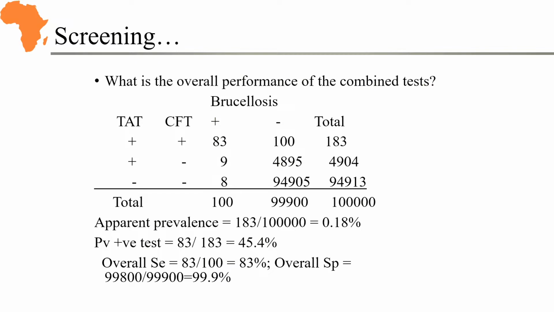So the apparent prevalence here is the total number who are positive, which is? So just the positive ones. So it's 183 over the total population of the animals we had in the program. So the positive predictive value, 83 over the overall sensitivity, is 83 over 100.